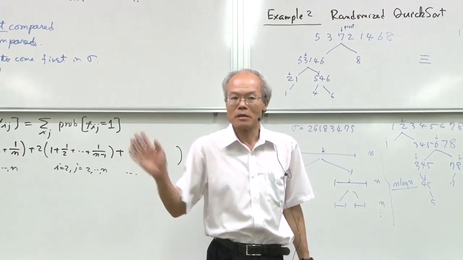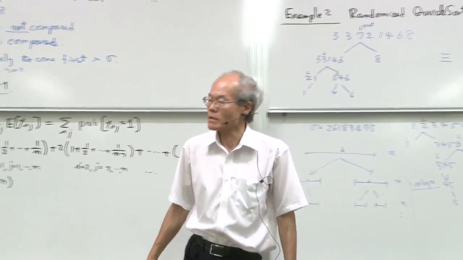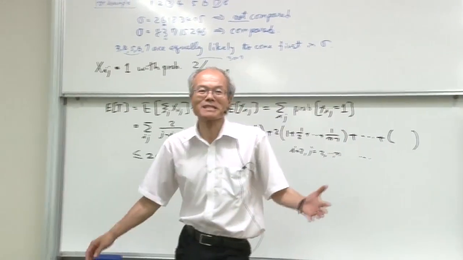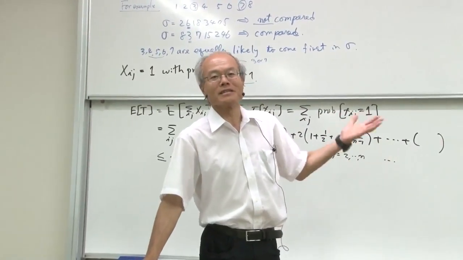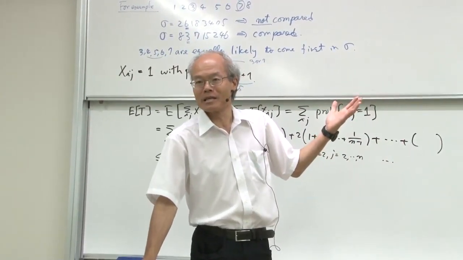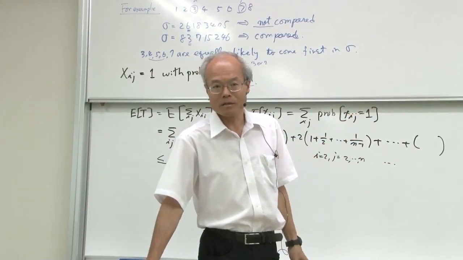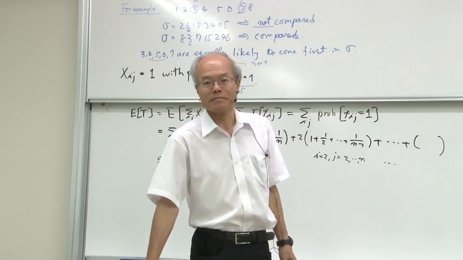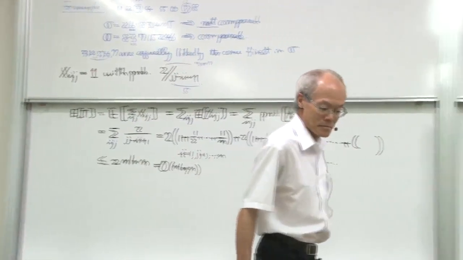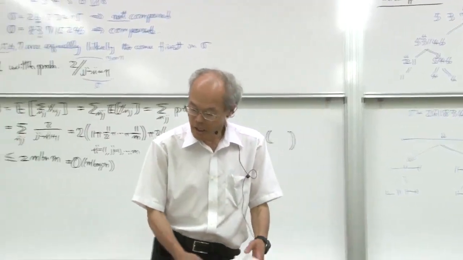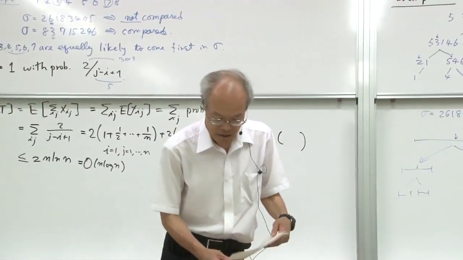This analysis is very clever. Of course, this is not my analysis. This was done by another person, and I just found it on the net. But it is very clever. Good.